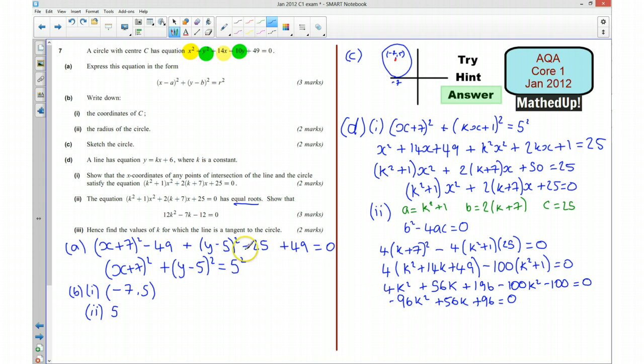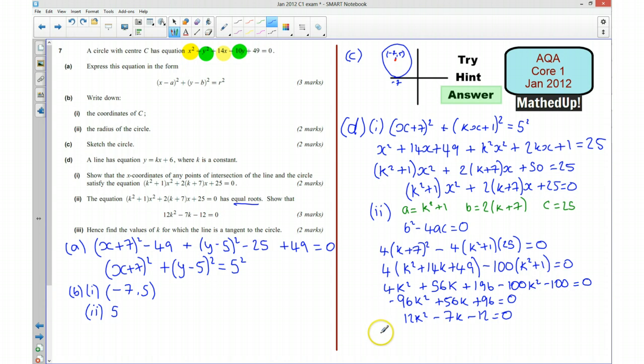To get it into this form here, I'm going to divide everything by negative 8. So if I divide this by negative 8, I get 12k squared, subtract 7k, subtract 12 equals 0. And there you go, we've got it in the form that we want. So if this equation has equal roots, then this here would need to be true.